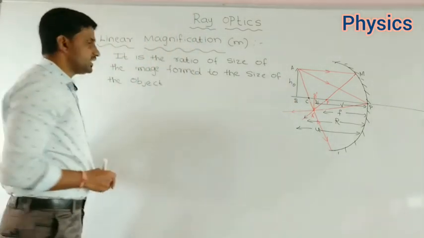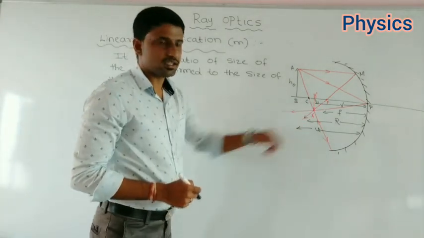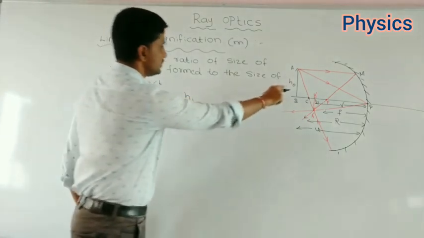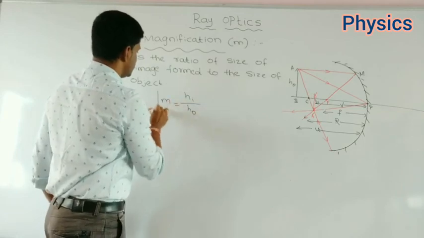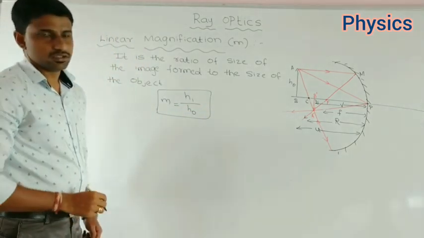So according to the linear magnification, it is the ratio of the image size, hi, divided by the object size, h0. That is the linear magnification. It is the ratio of the image size to the object size.